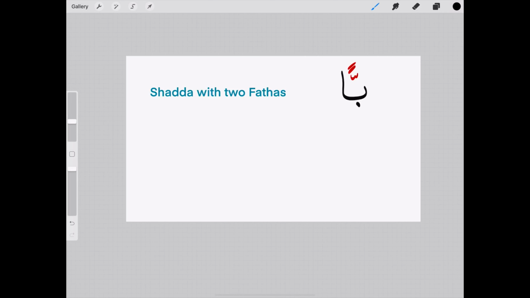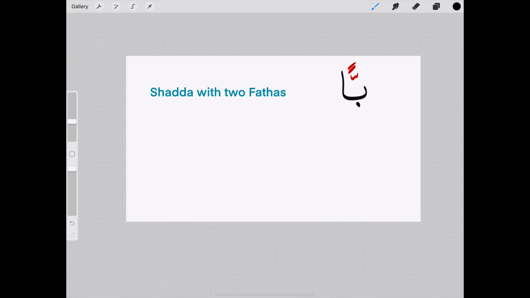Remember, the tanween fatha forces you to add an alif long vowel after the letter, like in here. The ba has the long vowel alif or a, with the shadda on top with the addition of the tanween fatha or two fathas on top.